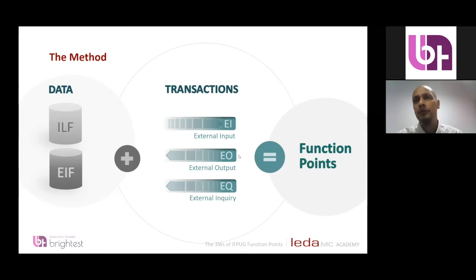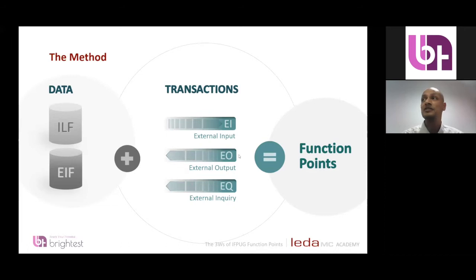The second one is the RETs, the record element types, which are logical subgroups inside the concepts. With the combination of those, we get the complexity. We have just three possible complexities: low, average, or high. Depending on that, we have, for the internal logical files, 7, 10, or 15 function points, and for the external interface file, 5, 7, or 10 function points.